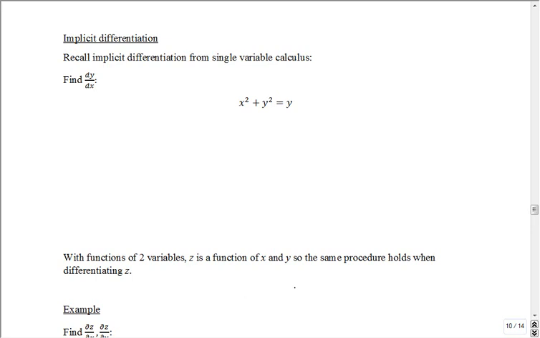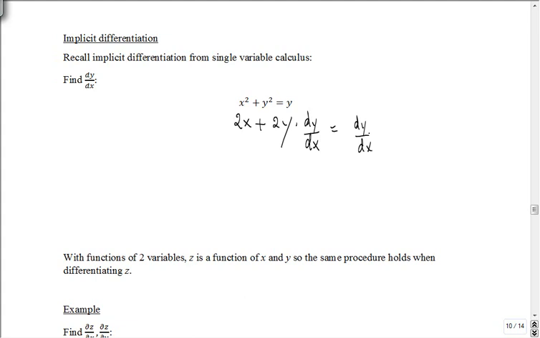So remember how you did that before was that you looked at y as a function of x. So you differentiate term by term. Differentiate x squared, you get 2x. Differentiate y squared, you get 2y, but because y is a function of x, you needed to multiply it by dy dx. It's something like the chain rule. Multiply by the derivative of the inner function, equals differentiate y, which is 1 times dy dx.